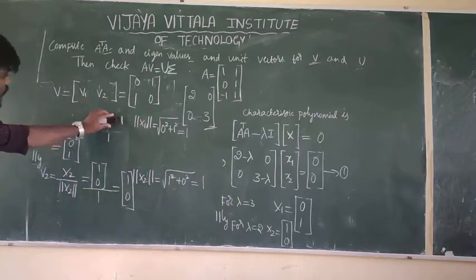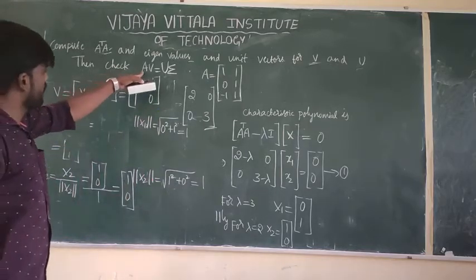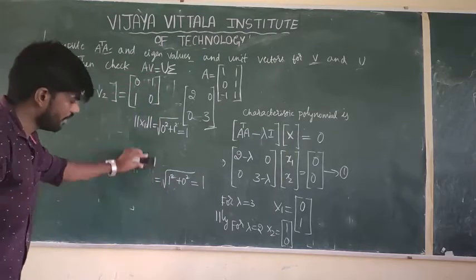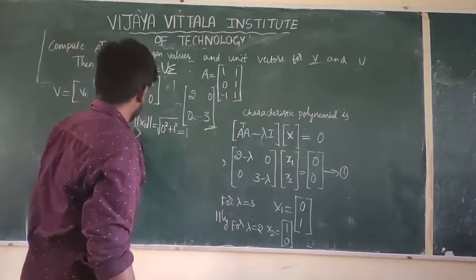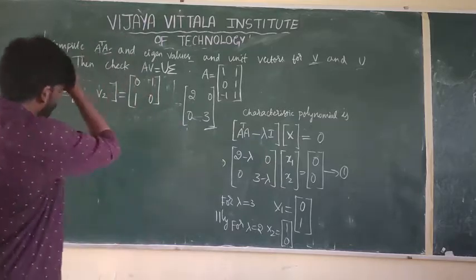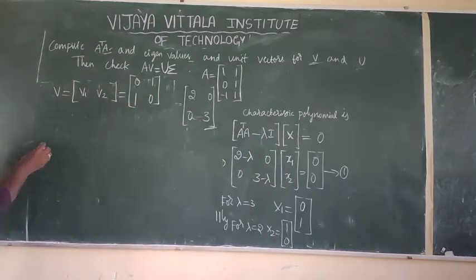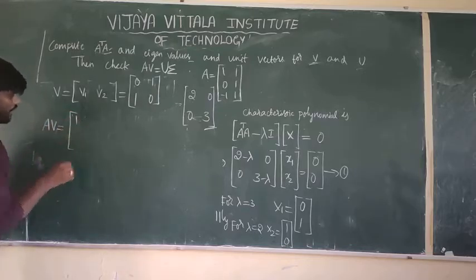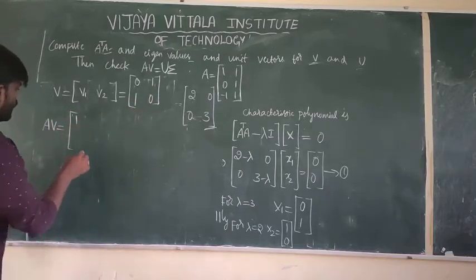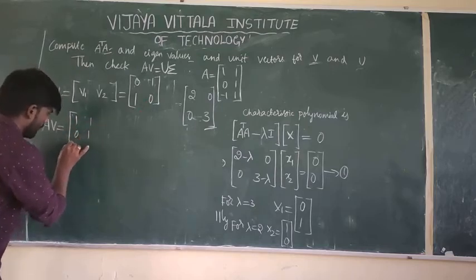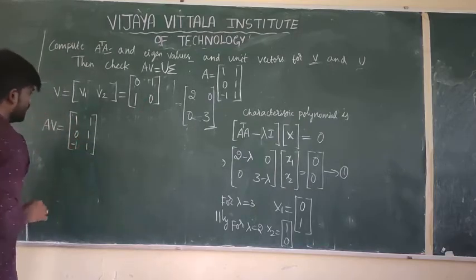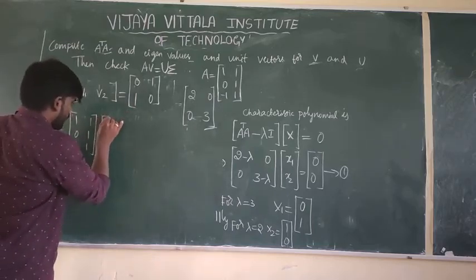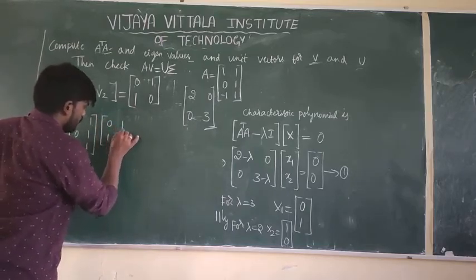Then we have to find the LHS, A into V. We have to multiply the given matrix A and the matrix V. A is 1, 1, 0, 1, minus 1, 1, and V is the already obtained matrix 0, 1, 1, 0.